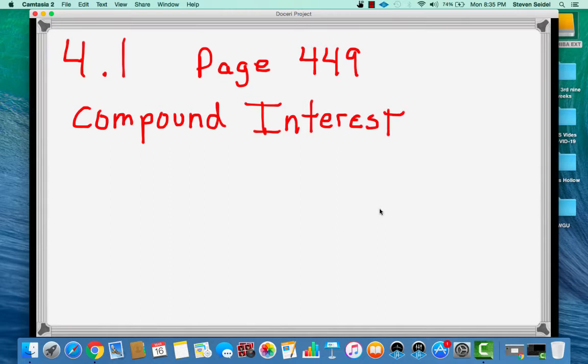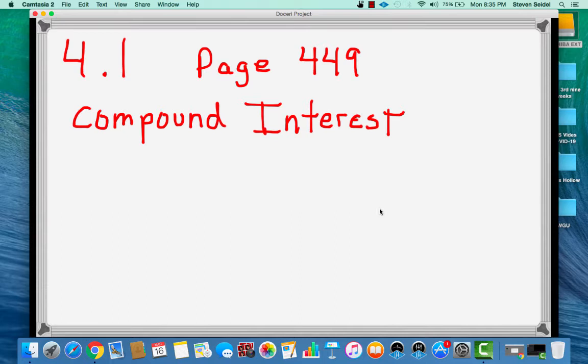Alright, so compound interest. Go to that page in your book and we'll talk about what to look for. There are some formulas that you need to visit, and I'll just read along and go from there.